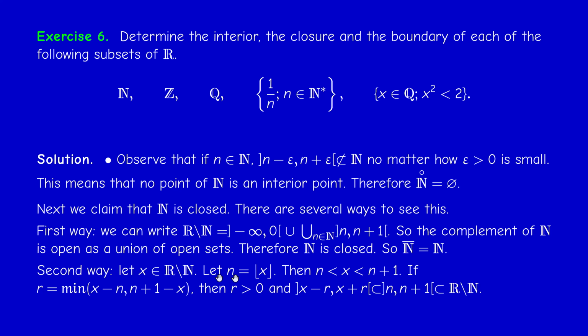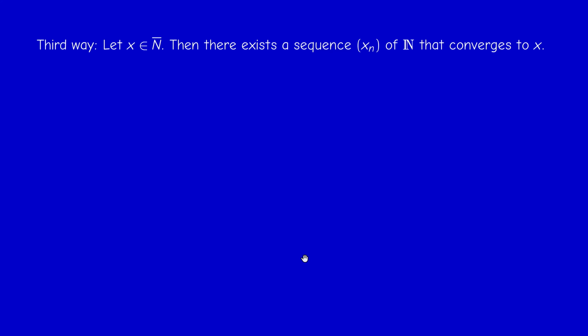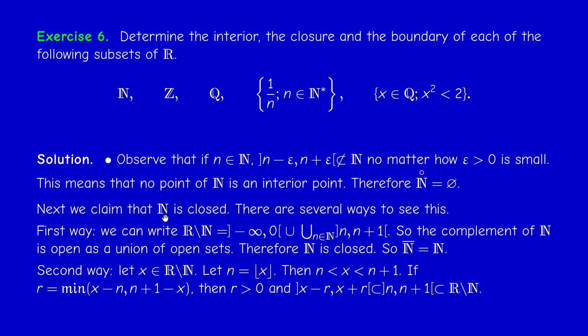We proved that if x is in the complement of n, then there is a whole neighborhood of x contained in R without n. So this proves that R without n is open by definition of an open set. So if this is open, then n is closed, and therefore n bar equals n. Same conclusion.